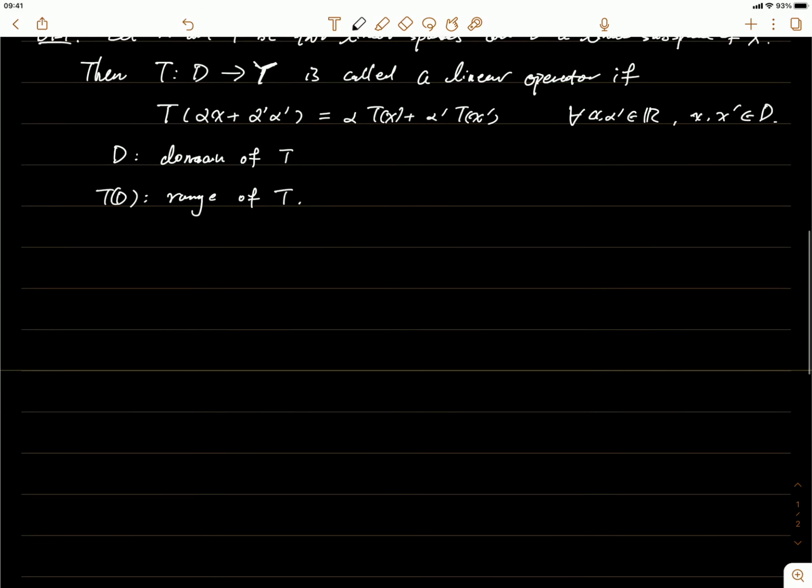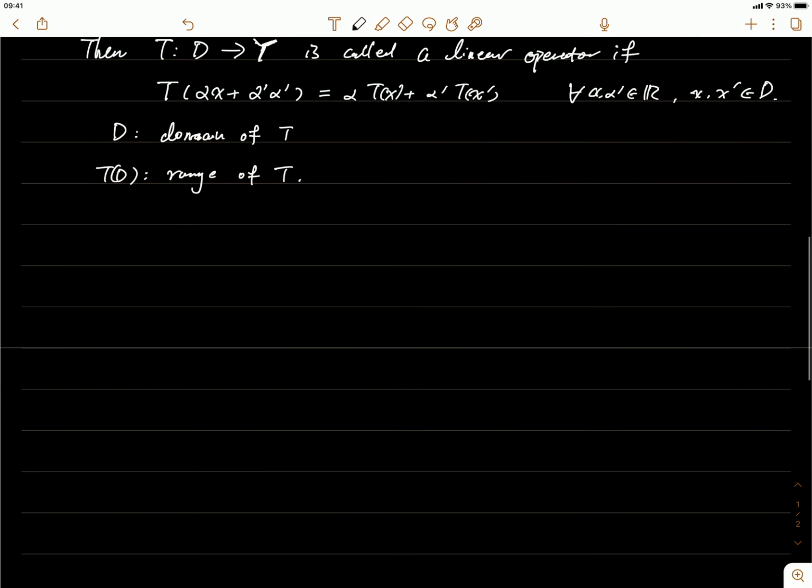But as we mentioned earlier, there are many concrete examples for this. For example, you can consider matrices, you can consider partial derivatives, you can even consider a linear combination of partial derivatives. For example, say I have a mapping from just this.